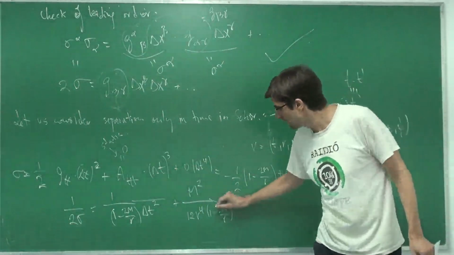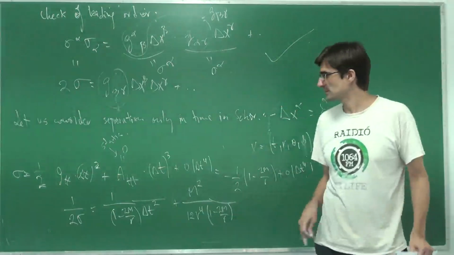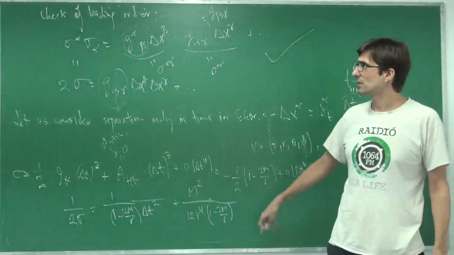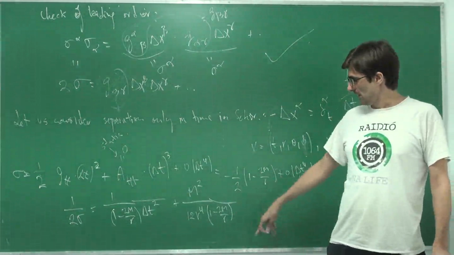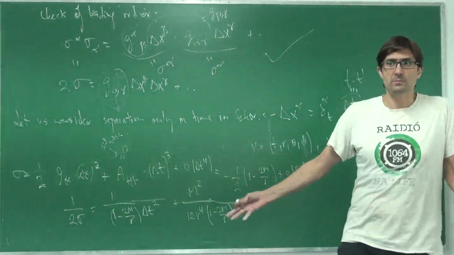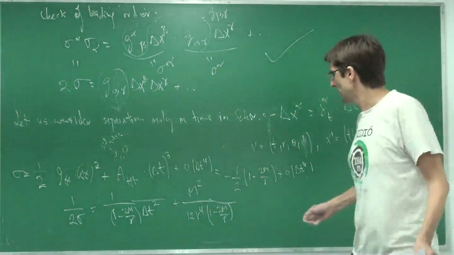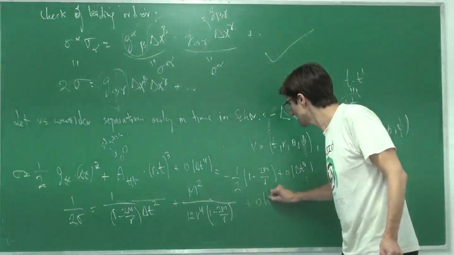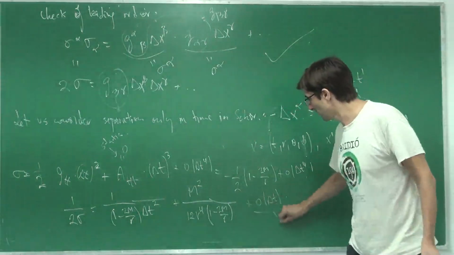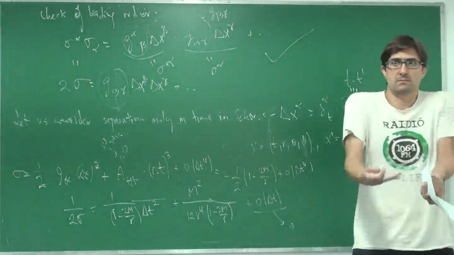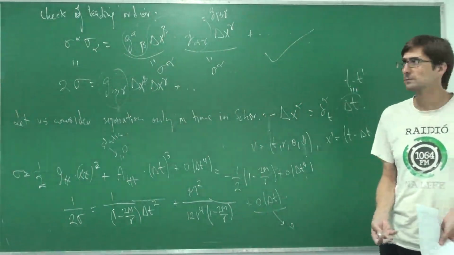This is an order. This is an order. This is a regular term. And then you've got higher order terms, but these will go to 0 as you take the limit x prime goes to x.